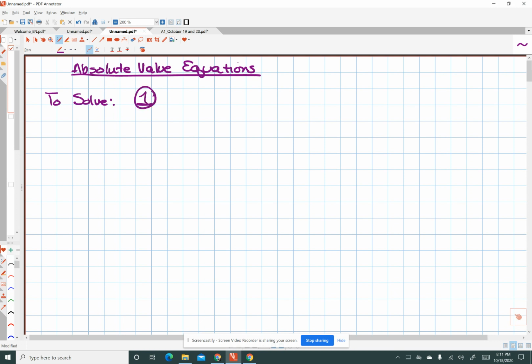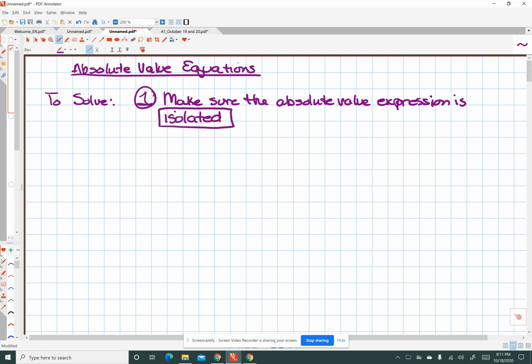Step 1, make sure the absolute value expression is isolated. Isolated meaning all by itself on one side of the equal or inequality sign.